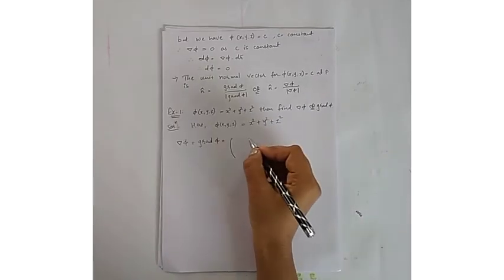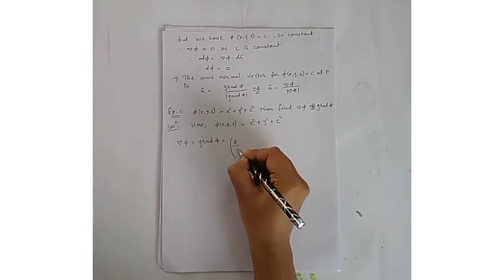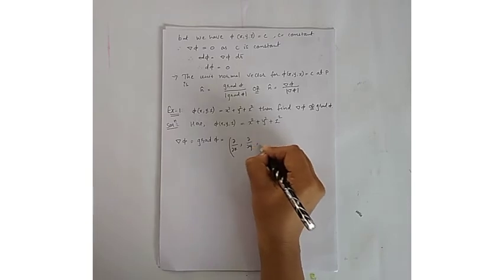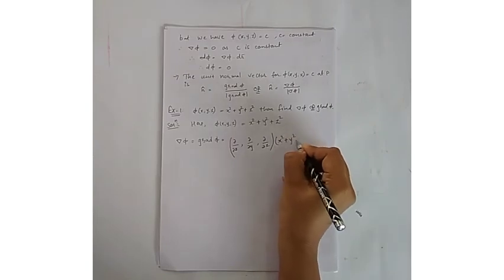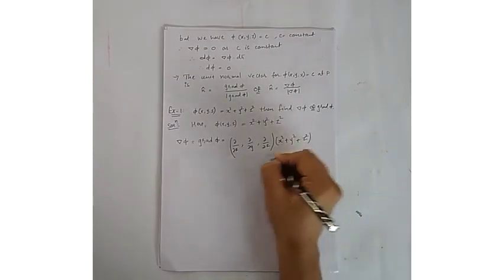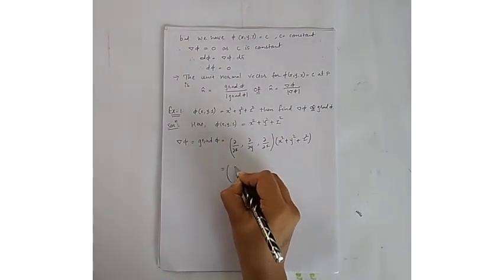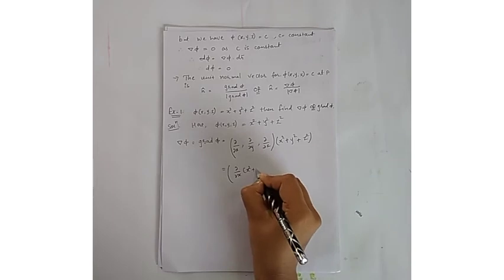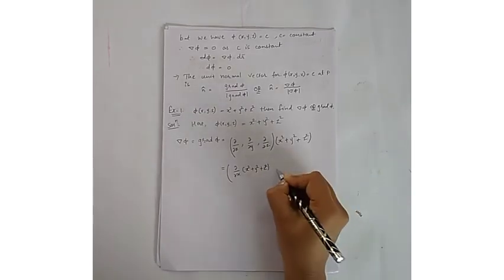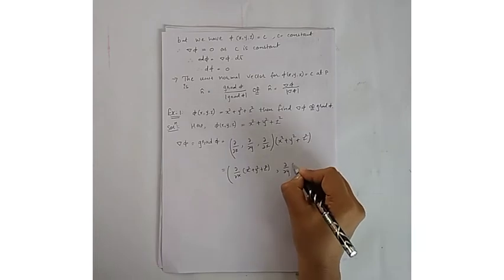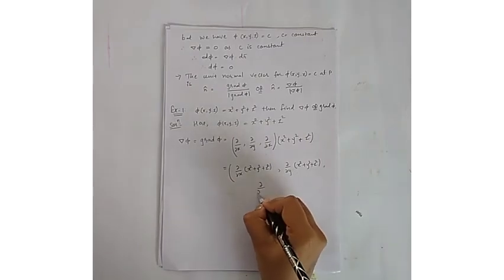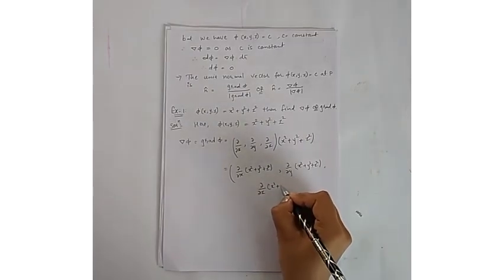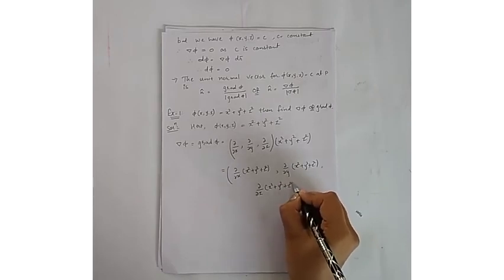First I write the operator nabla: del by del x, comma, del by del y, comma, del by del z of the function x square plus y square plus z square. Applying this operator will give del by del x of x square plus y square plus z square. The next component is del by del y of the function x square plus y square plus z square, and the last component is del by del z of the function x square plus y square plus z square.